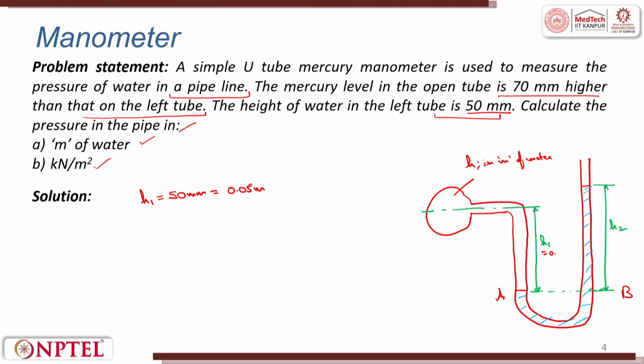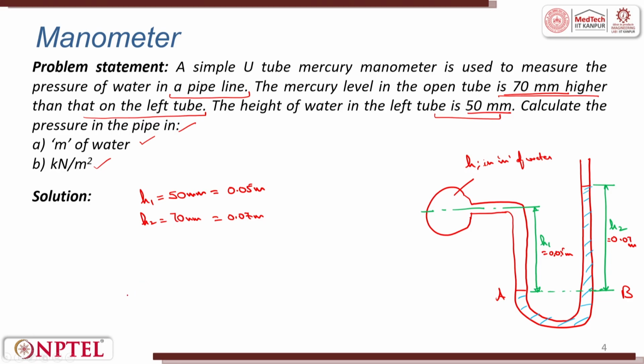This H1 is 0.05 meter and H2 is also given, 0.07 meter. That is given. Mercury level in the open tube is 70 millimeter higher than in the left tube. It is 70 millimeter higher, this difference. H2 is 70 millimeters, that is 0.07 meter.